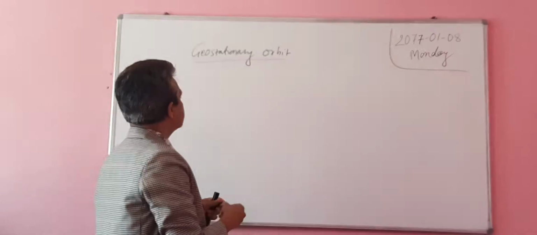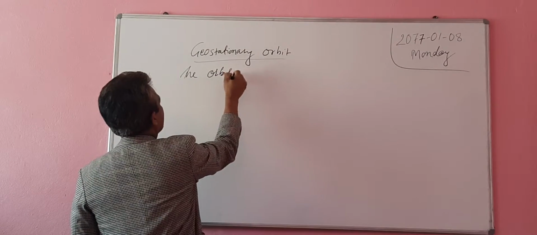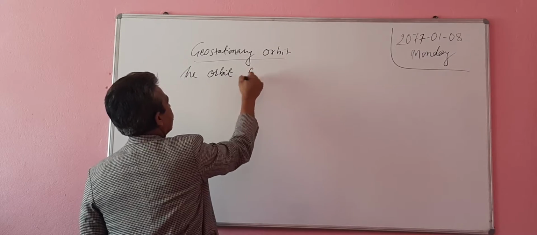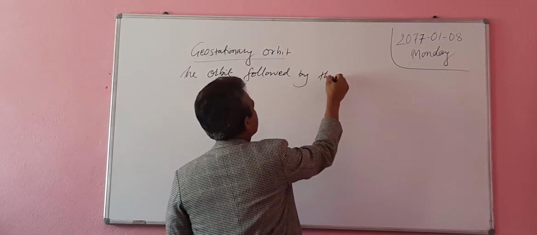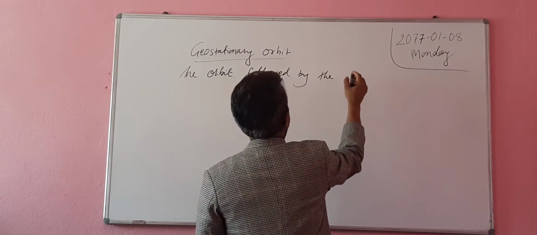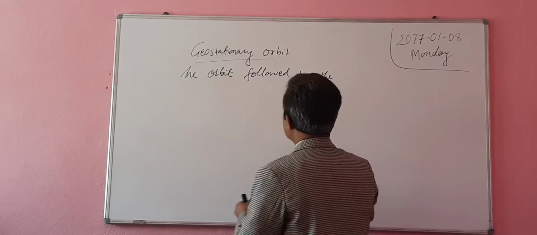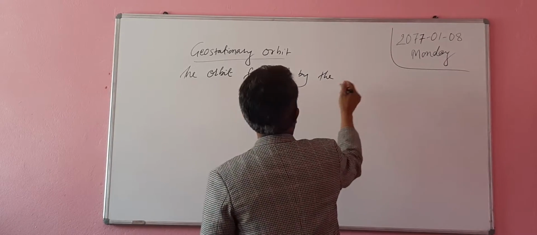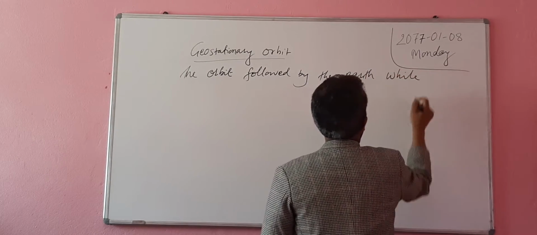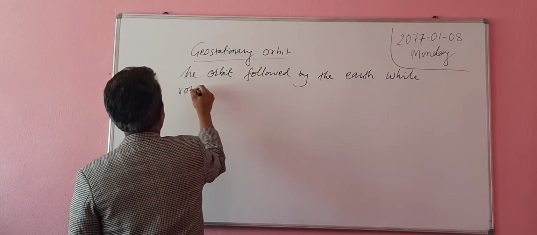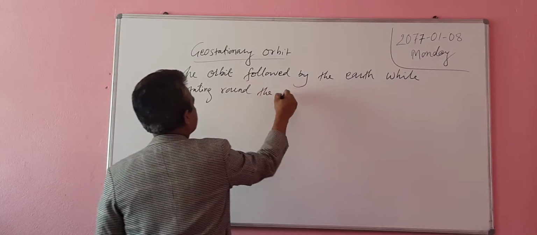So geostationary orbit is the orbit followed by the Earth while rotating round the Sun.